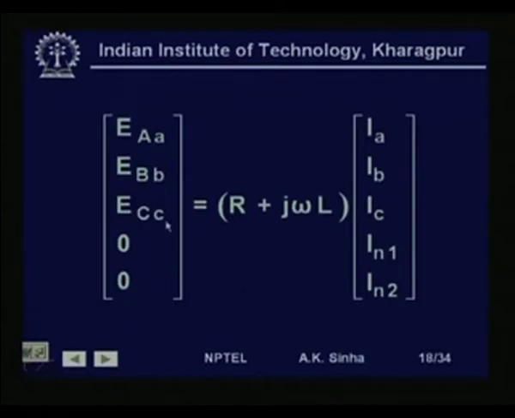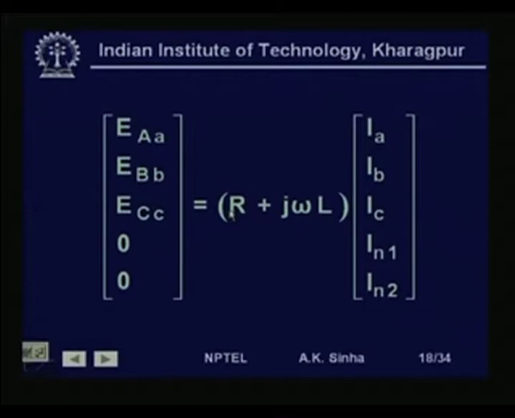and therefore, we can write this as a matrix equation where we are saying E A A is the voltage drop in phase A conductor, E B B is the voltage drop in phase B conductor, E C C is the voltage drop in phase C conductor. For the neutral conductors, since they are grounded, their potential is 0. So, voltage drops are going to be 0 for the 2 ground conductors.